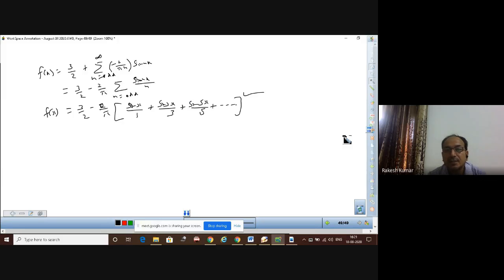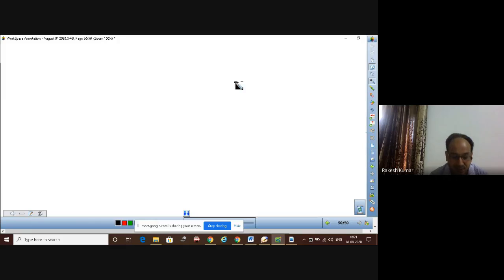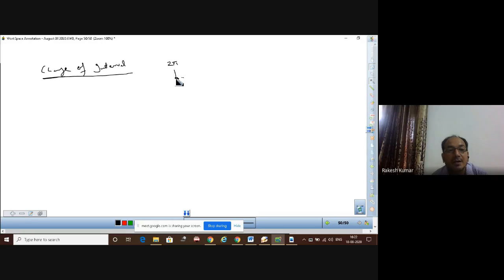Now let us proceed with the term change of interval. Change of interval means earlier the function of which we found the Fourier series was a periodic function with period 2 pi. Now in our case the period will change to 2L.